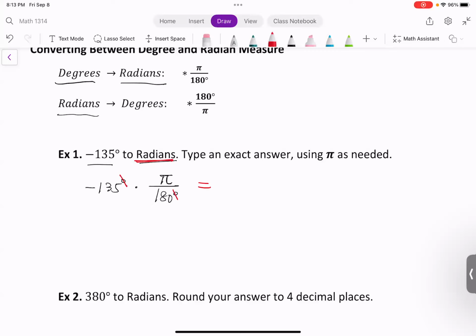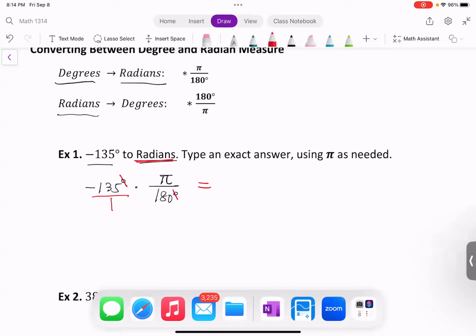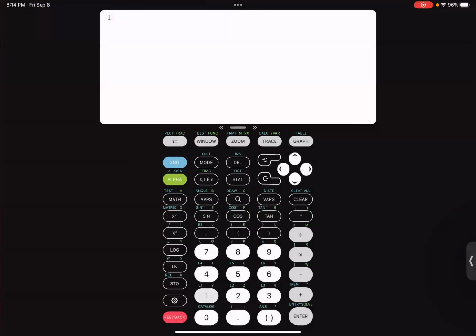All right, let's see how to simplify this. 135 is on top of the 1, so this is the top number and the 180 is the bottom. I can do the cancellation top and bottom. Are they all divisible by 45? Yes, because 135 divided by 45 is 3, and 180 divided by 45 is 4.